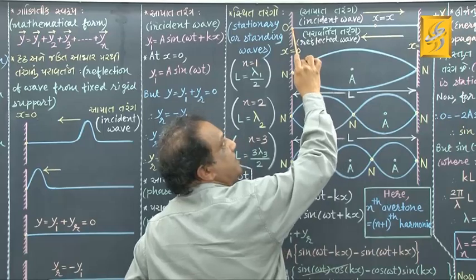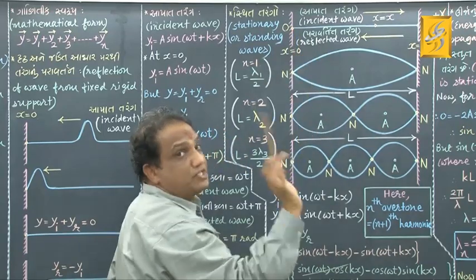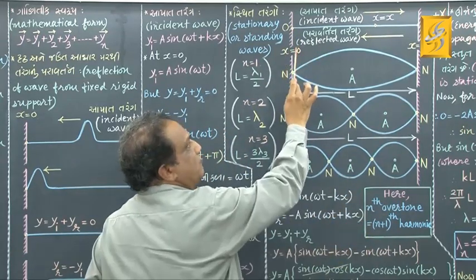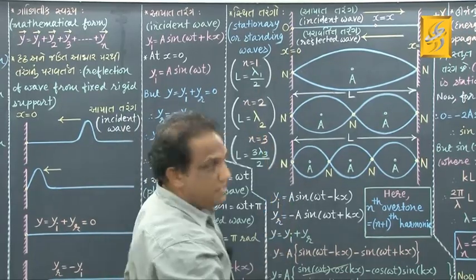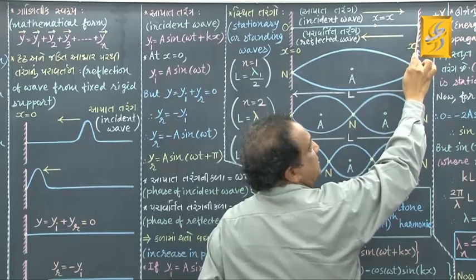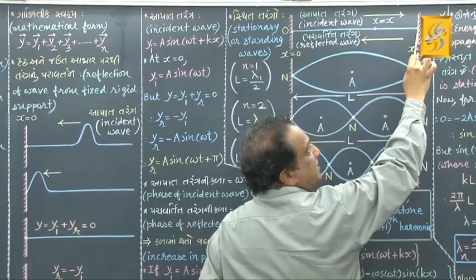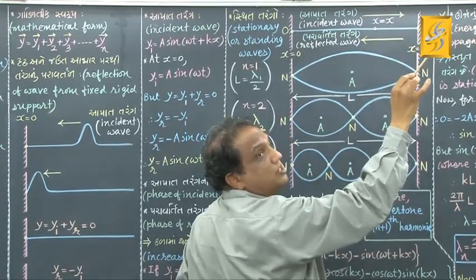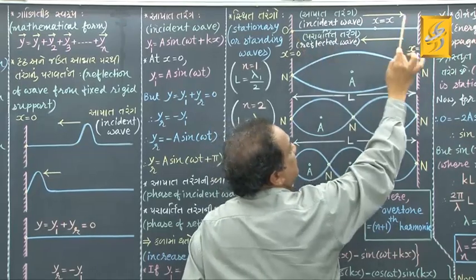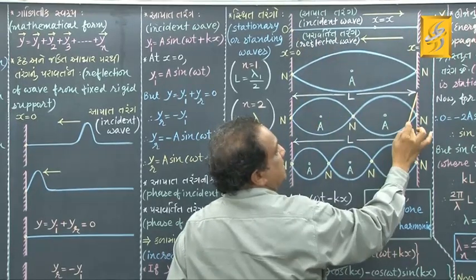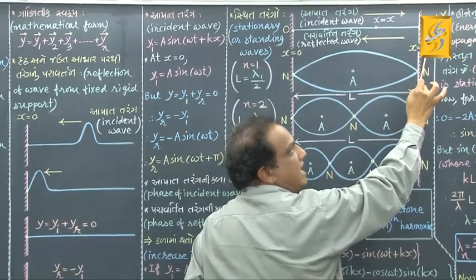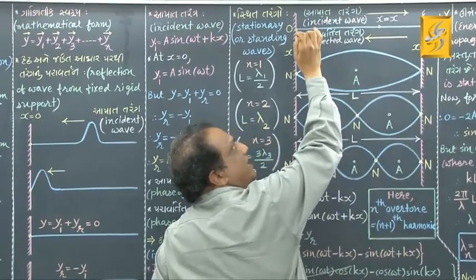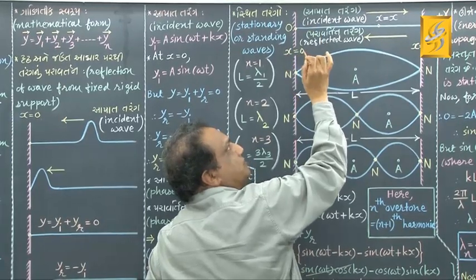Now for this very particle which is the left end of the string, the x coordinate would be 0 because this particle is at the origin, correct? And the x coordinate for the right hand side particle, the particle located at the right end of the string, would be equal to the length of the string, let it be capital L. So I am writing x equal to capital L. For the left end of the string, x coordinate is 0.